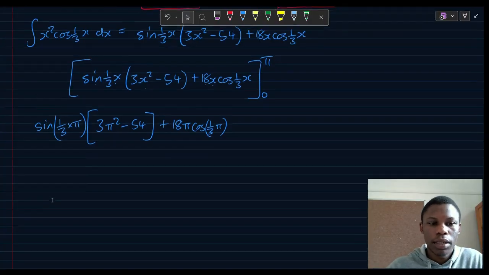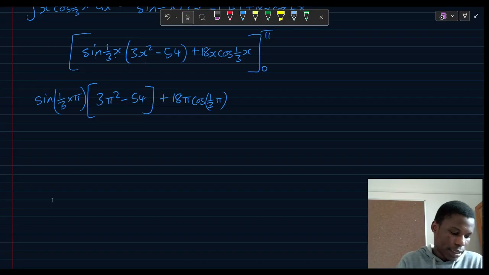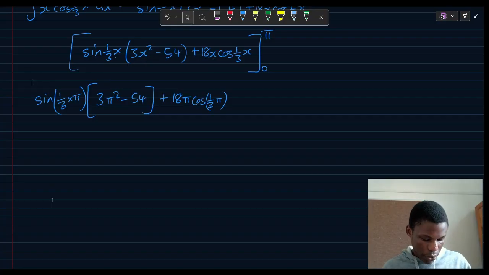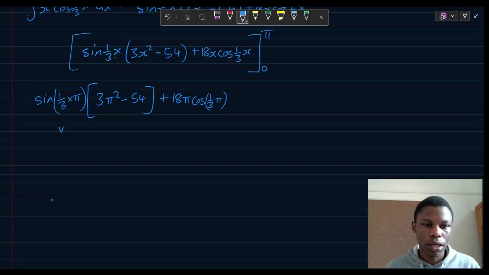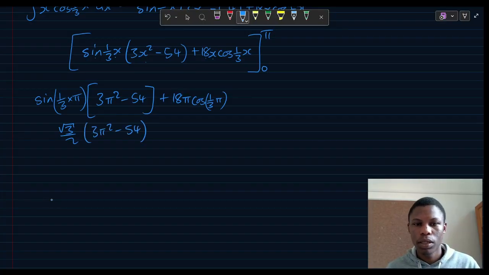Okay. So let's simplify. We've got sine of pi over 3. Make sure you are in radians. Pi over 3, that gives us root 3 over 2. And this is multiplying 3 pi squared minus 54. Then we've got plus 18 pi times cos pi over 3, which is a half.